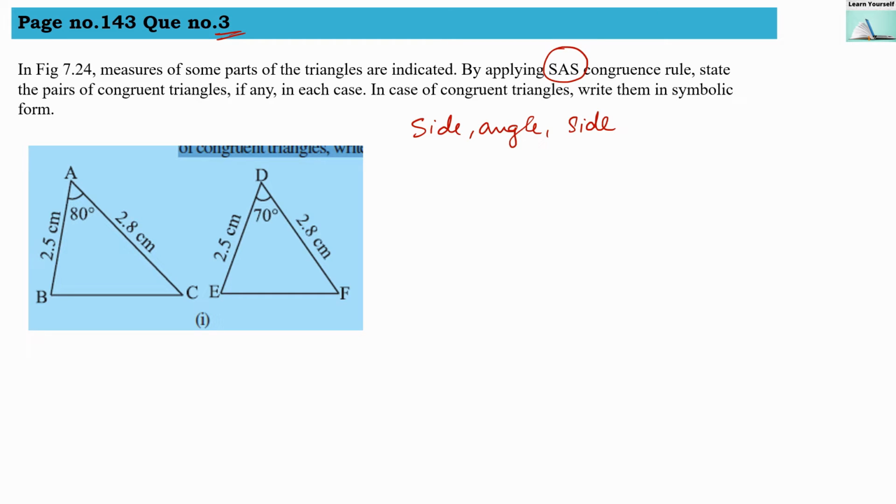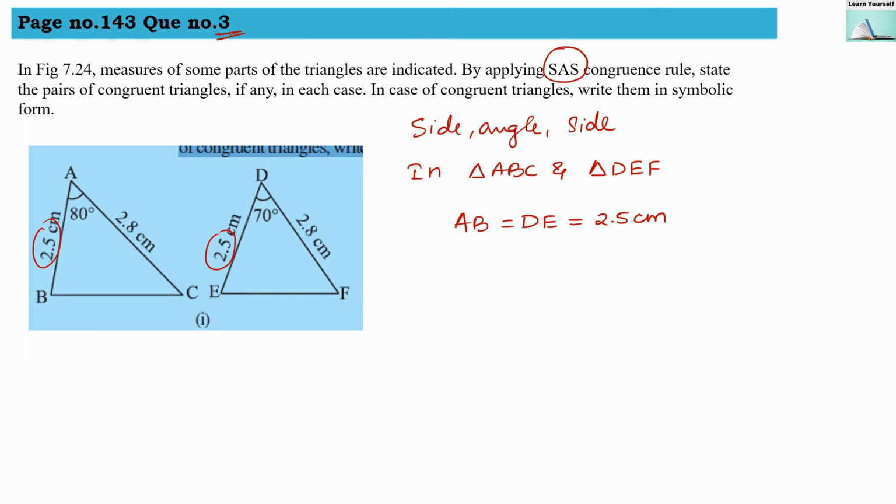So let us write that in triangle ABC and triangle DEF. Now we can locate here that AB and DE are both equal, and they are both 2.5 centimeter. So AB is equal to DE, equal to 2.5 centimeter. So we got one side.